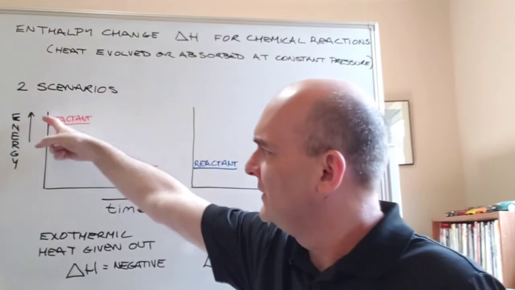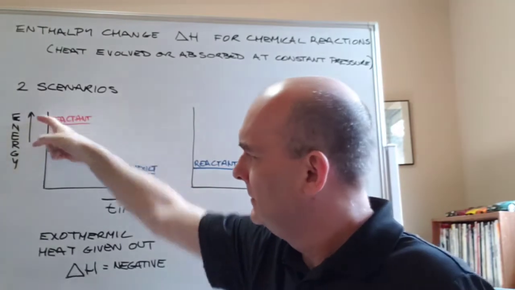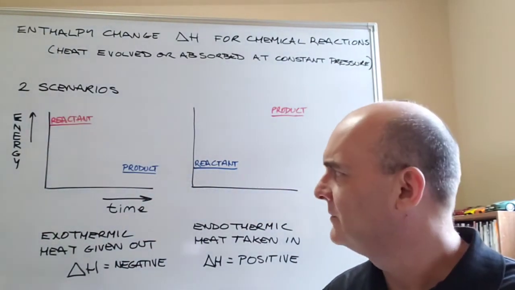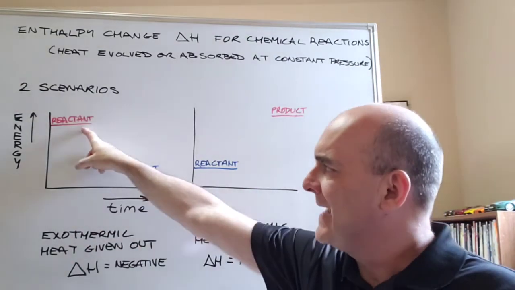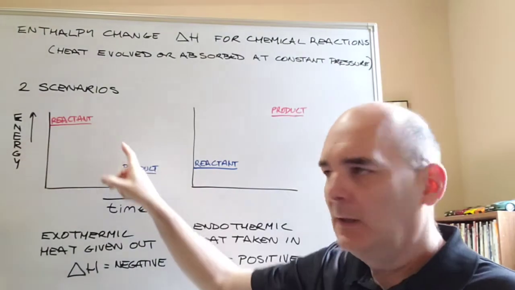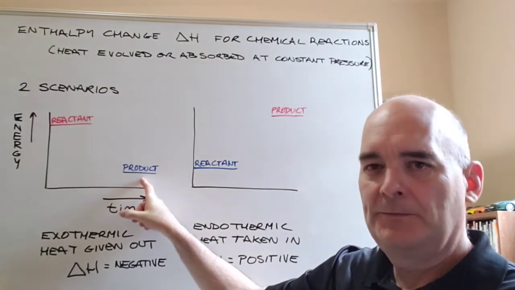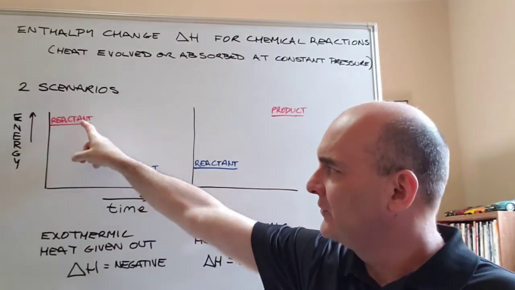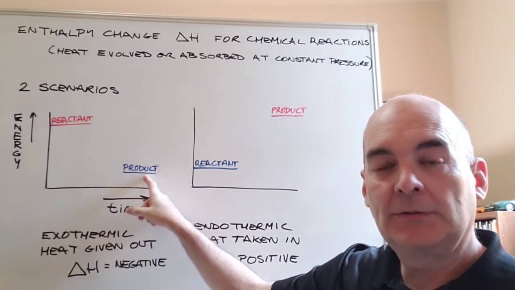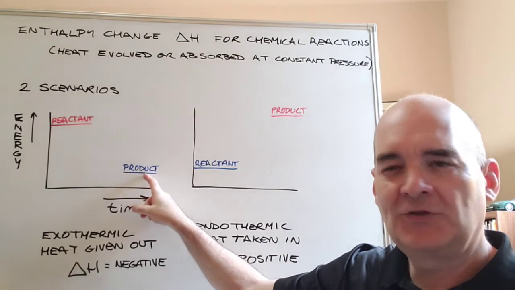If I were to plot energy versus time, my chemical reaction might start out that my reactant was higher in energy than my product. And so over the course of time, energy is lost. Where is that energy lost to?